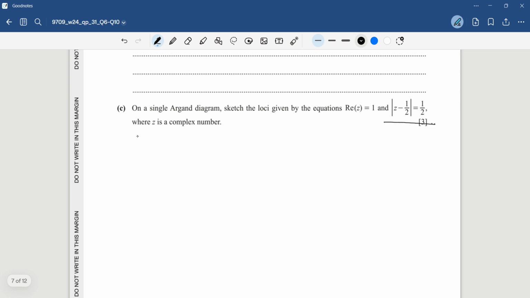It's going to be modulus z minus 1 over 2 plus 0i, equivalent to 1 over 2. So the radius here is actually 1 over 2 and the center will be 1 over 2, 0. So my circle has center 1 over 2, 0 and radius 1 over 2.